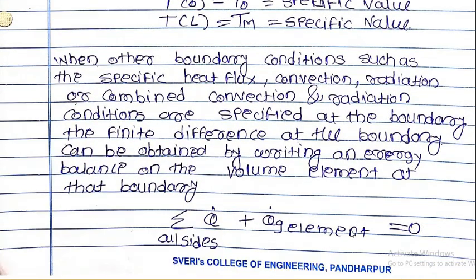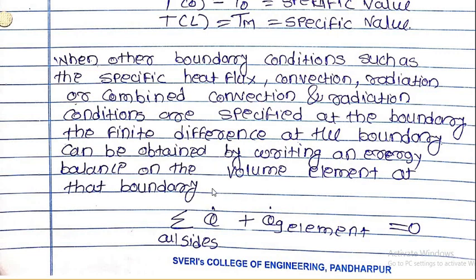Then when other boundary conditions such as specified heat flux, convection, radiation, and combined convection and radiation conditions are specified at the boundaries, the finite difference equation at the boundary can be obtained by writing an energy balance on the volume element at that particular boundary.